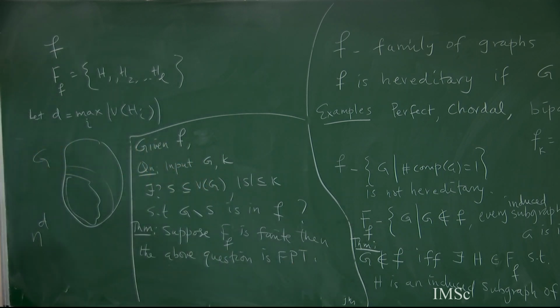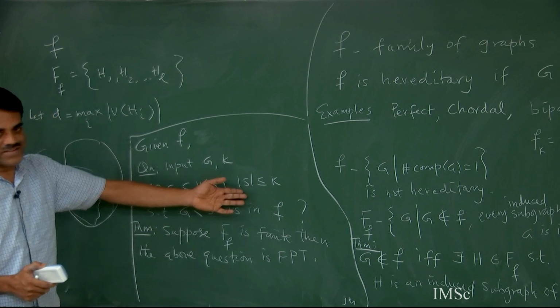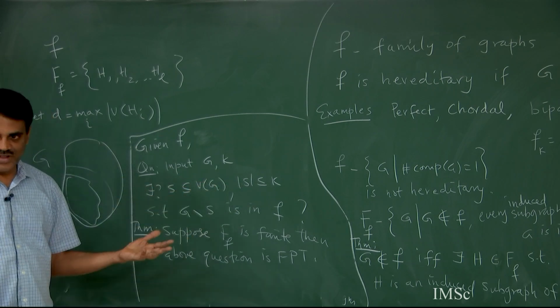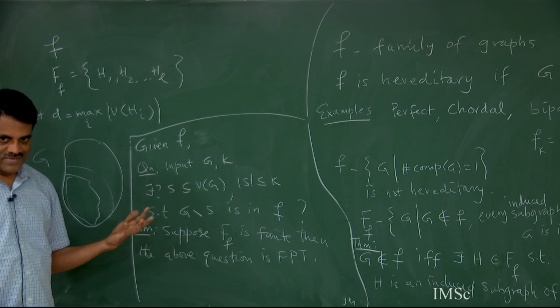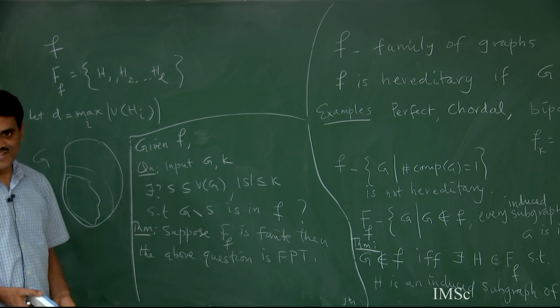Remember how we did this? But that's like an n choose k. It's not FPT because you're deleting k vertices. That's an n to the k algorithm. Yes, so that shows that it's in XP.